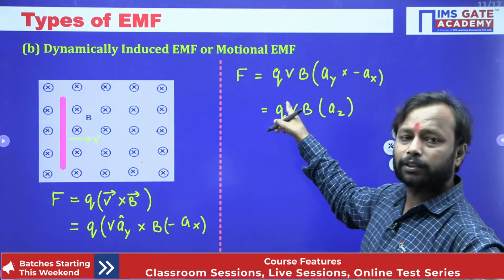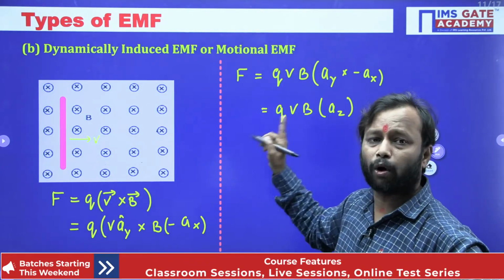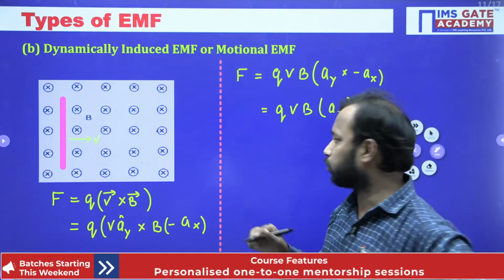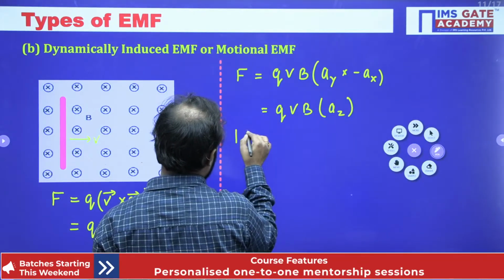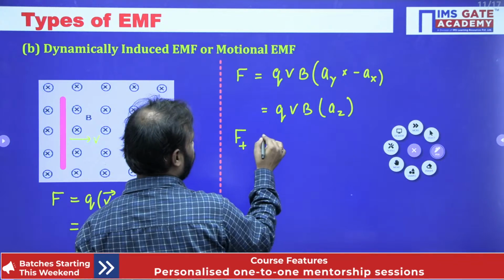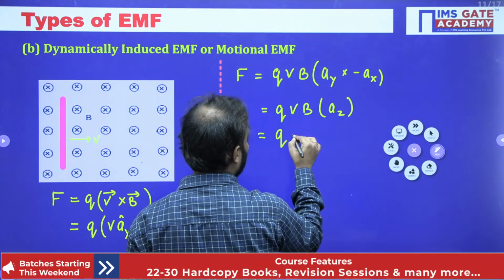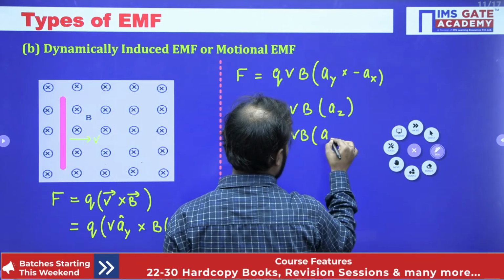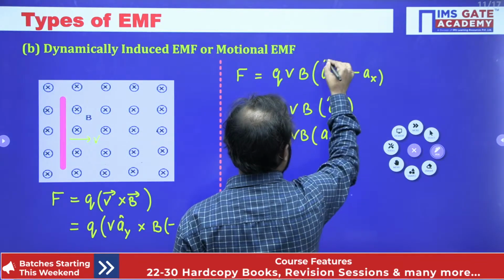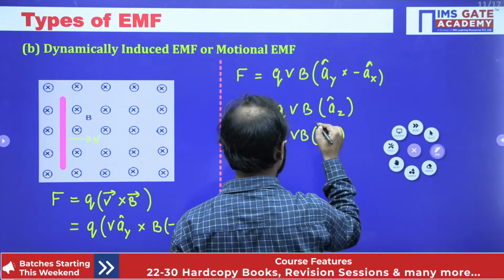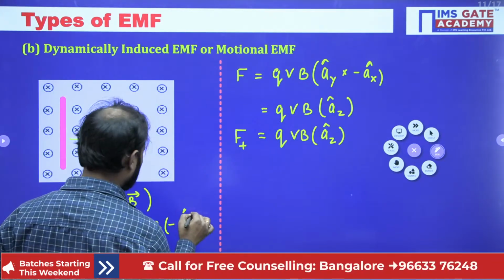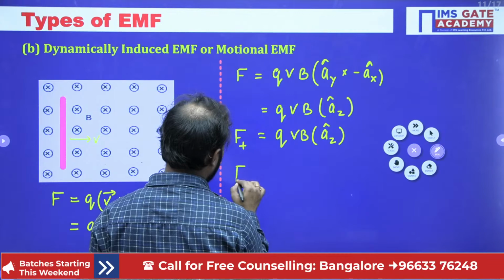Done. Now this Q is the charge. Now if Q is positive, means the force due to positive charge, let me take F plus. F plus means force due to positive charge. So this will be equal to Q V B, which is in AZ direction, A cap basically. Done. And the force due to negative charge.